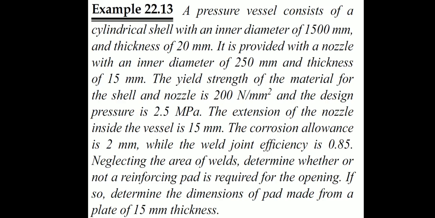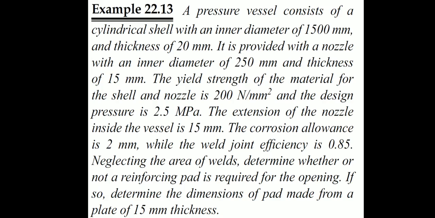The extension of the nozzle inside the vessel is 15 mm. The corrosion allowance is 2 mm, while the weld joint efficiency is 0.85. Neglecting the area of weld, determine whether or not a reinforcing pad is required for the opening. If so, determine the dimensions of the pad made from a plate of 15 mm thickness.